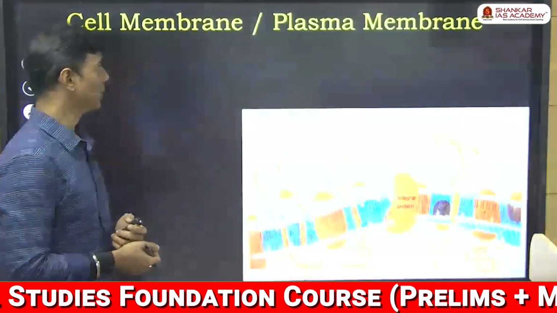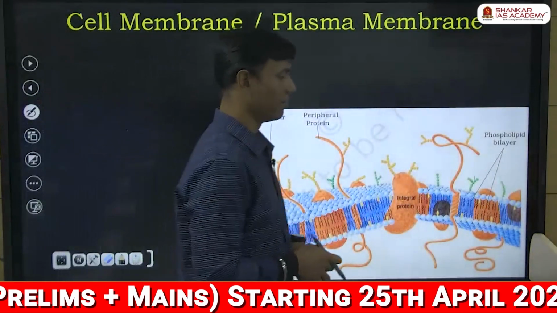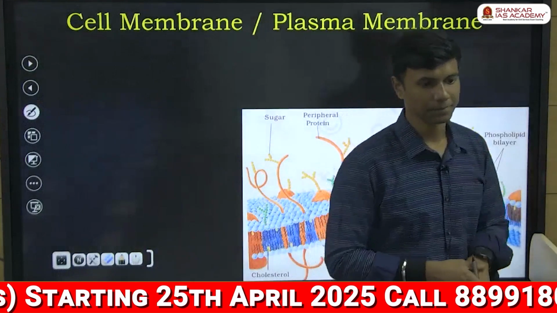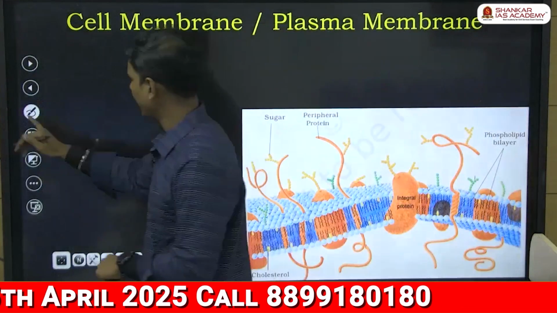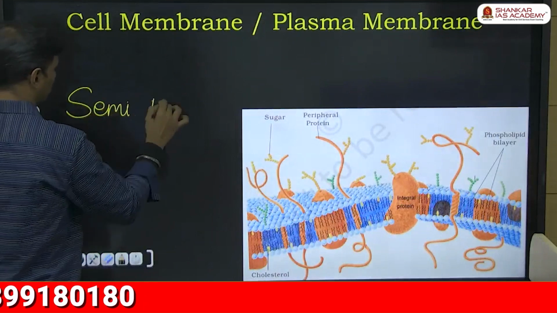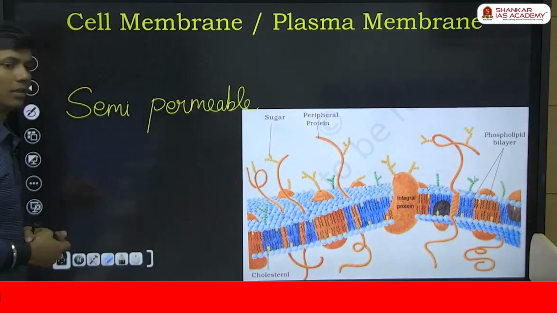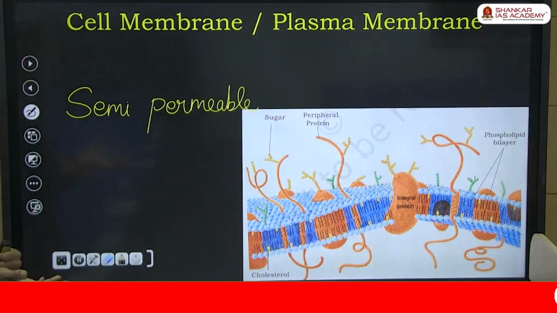Next is the cell membrane or plasma membrane. First line you can write, it's a semi-permeable membrane. Why do we call it semi-permeable? Because it allows certain things and it will stop certain things.